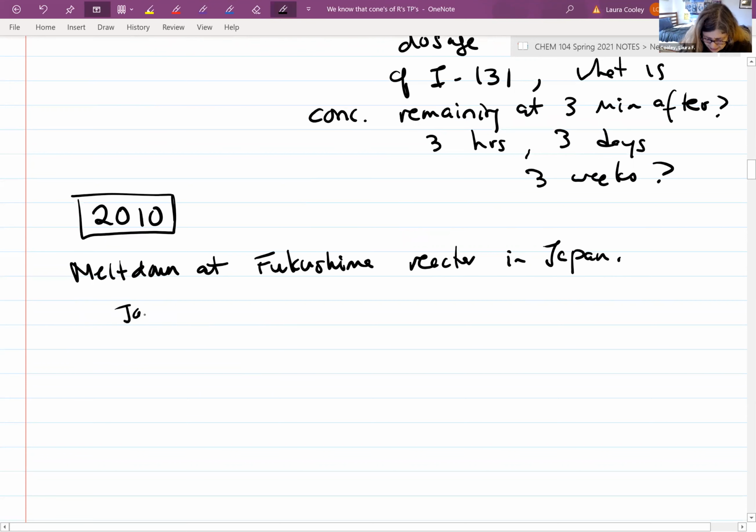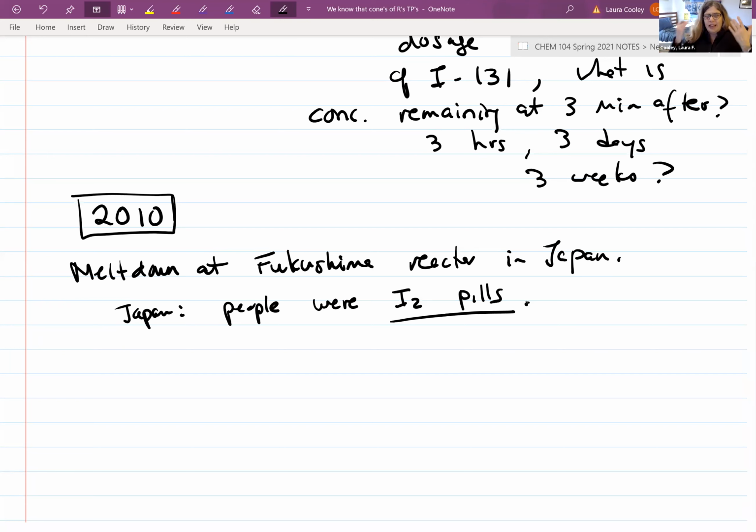Well, here's the thing. People in Japan were swallowing iodine pills. Why were they taking iodine pills? Because they wanted their thyroid to be inundated with iodine from the pill, so that the iodine from the reactor, which was radioactive iodine, wouldn't be absorbed too much by the thyroid.